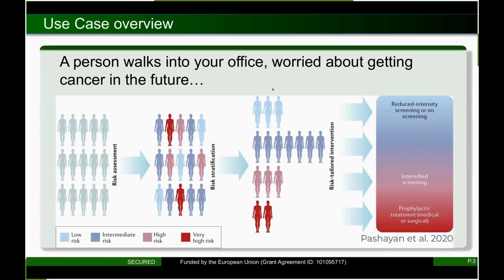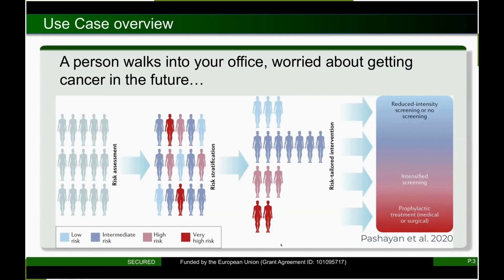For example, for the very low risk group, you could have reduced intensity screening or no screening, which is important not just for the patient, because fewer screenings can help them be less stressed, but also for hospital systems that are often overburdened when it comes to screenings. Then we would have the average risk group, as we would call it, that would receive the state of the art, which is the typical screening that is usually done.